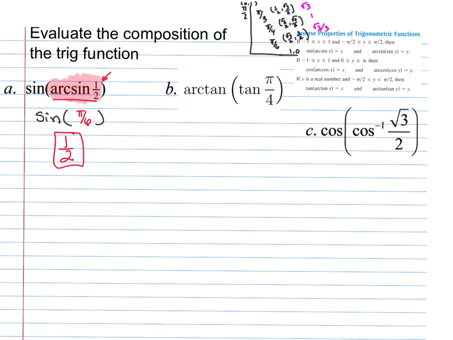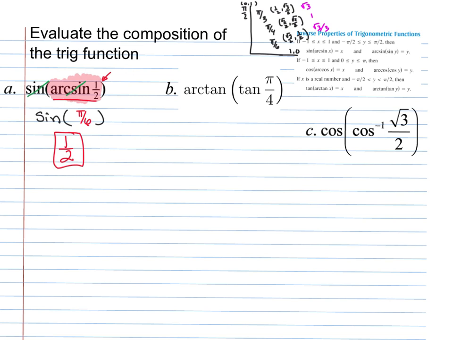If you notice, these would have canceled out by using the properties, because this 1/2 is in the domain, since 1/2 lies between -1 and 1. That means these two cancel out and it's just 1/2. I like to just work it out and show it, but if you follow the rules, that's what it says.